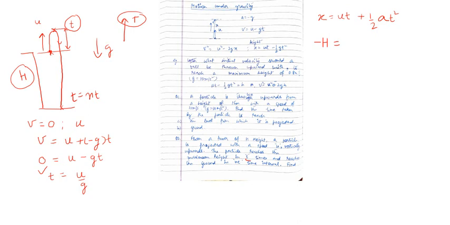The initial velocity of the particle is upward, it is u. The time taken by the particle in completing the whole motion as per the question is n into t. So this is our time interval.